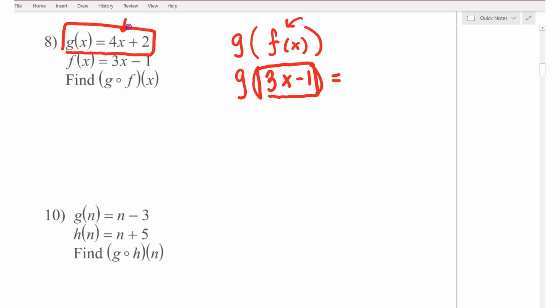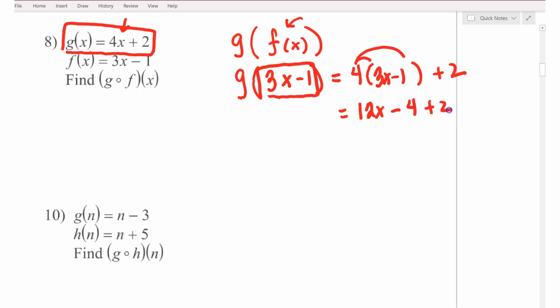So you have 4 times the input plus 2. So what is the input? 3x minus 1. So you apply the distributive property. 4 times 3x gives you 12x, minus 4 times 1 gives you 4, plus 2. So g of f of x will equal 12x, and then negative 4 plus 2 gives you negative 2. So that's going to be g of f of x.